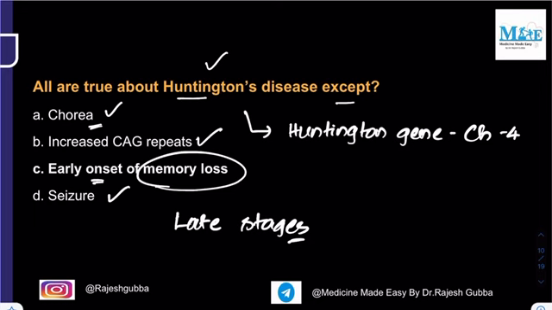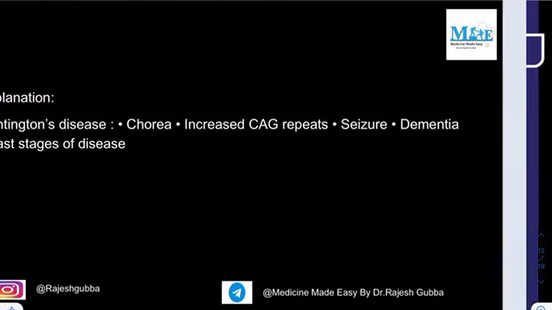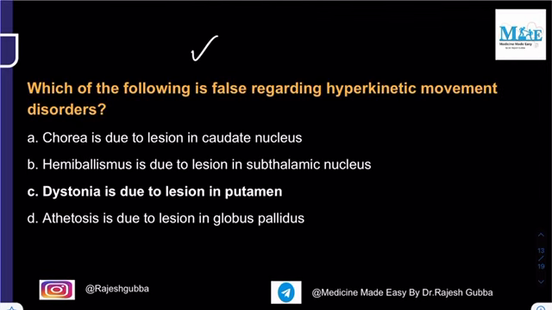Next: which of the following is false regarding hyperkinetic movement disorders? The options are: chorea is due to lesion in the caudate nucleus, hemiballismus is due to lesion in the subthalamic nucleus, dystonia is due to lesion in the putamen, athetosis is due to lesion in the globus pallidus. Chorea, yes, occurs due to lesion in the caudate nucleus. Hemiballismus, yes, occurs due to lesion in the subthalamic nucleus.